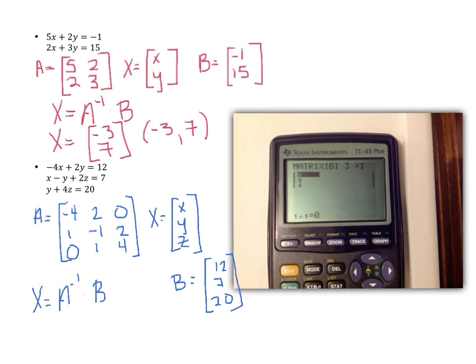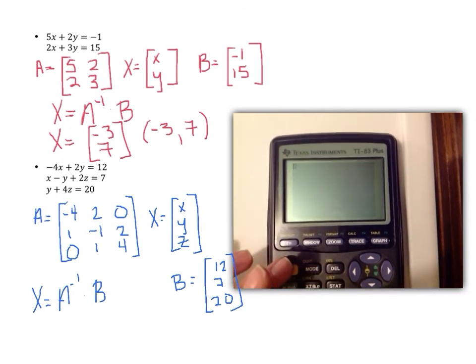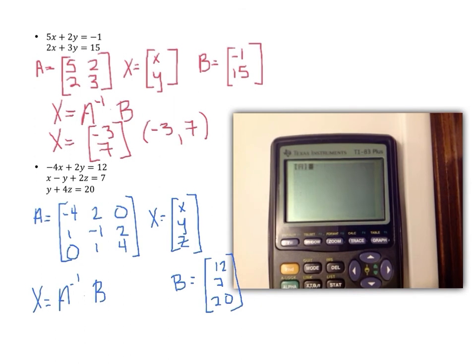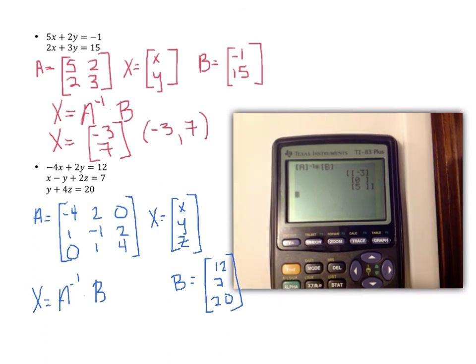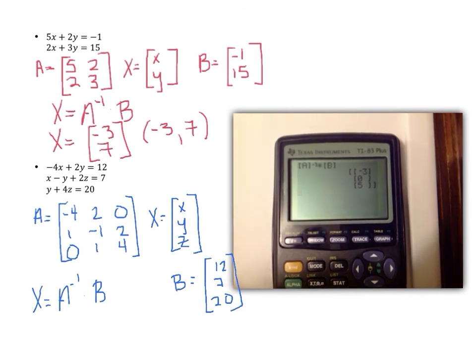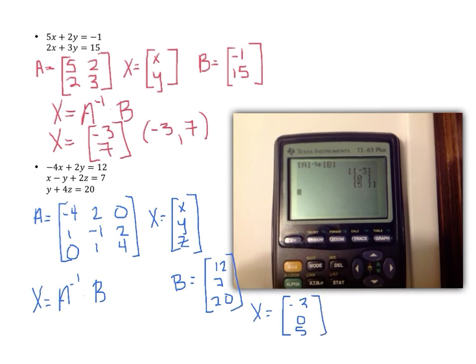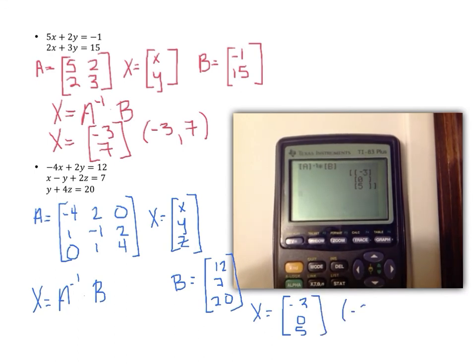There we go. The first value is 12. And now I want the inverse of A times B. And I get the solution. So x is equal to -3, 0, 5, or we could set this as the coordinates -3, 0, 5.